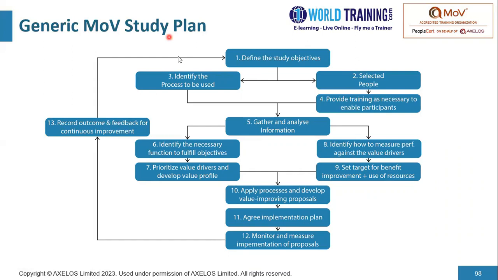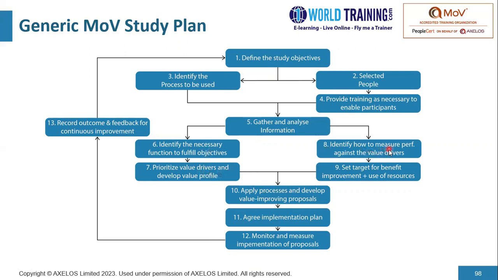We might want to define the study objectives. It could be project objectives or program objectives. We select the people. We identify the process to be used. We provide training as necessary to enable the participants. We gather and analyze info. We identify the necessary function to fulfill objectives, and we prioritize the value drivers and develop value profiles.